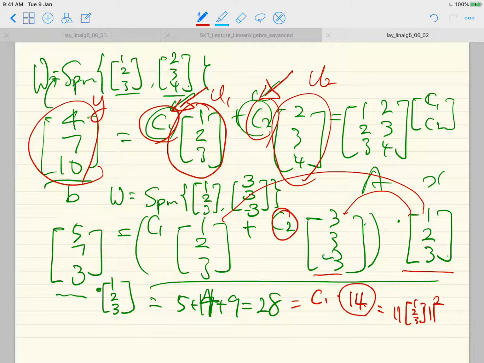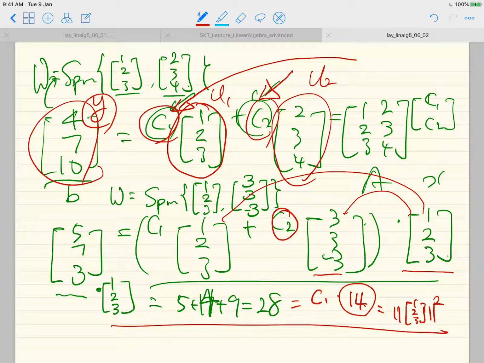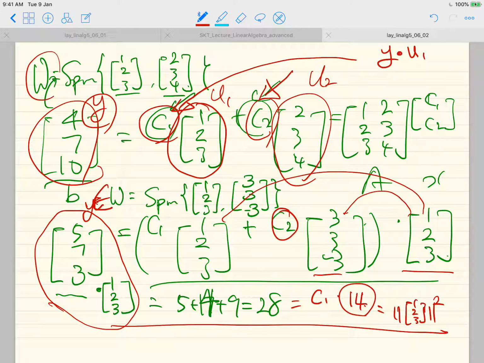Okay, right? And then let's generalize this. This C1 is represented in this manner, and it can be written as this. So this is Y, which was chosen from our subspace, right? And Y and U1, so this is this part, divided by what?